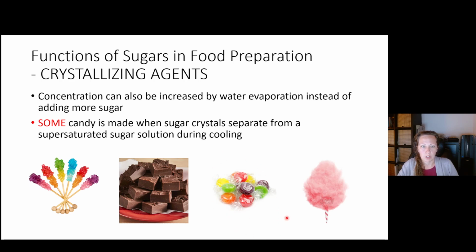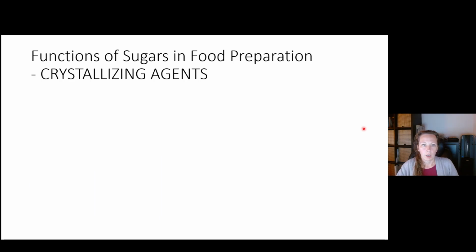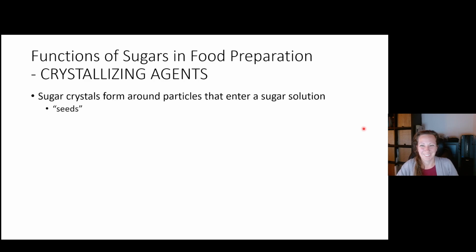We have the supersaturated solution and we cool it down so quickly that no crystals can form. Cotton candy is also superheated sugar. The liquid is sprayed out and it cools so quickly that no sugar crystals should be able to form. So not all candy is made from crystallization. But understanding crystallization is important to making all candy.